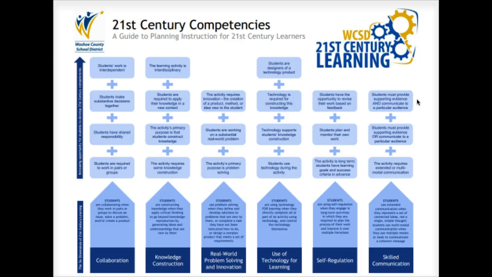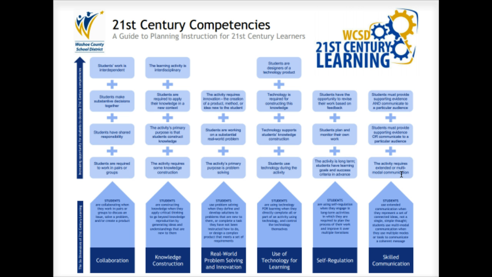They look at the different characteristics. So let's say skilled communication is one of the dimensions they think fits really well with the lesson they're planning. Starting at the bottom, they move up as they answer yes to each of those boxes. The first one for communication is the activity requires extended or multimodal communication.